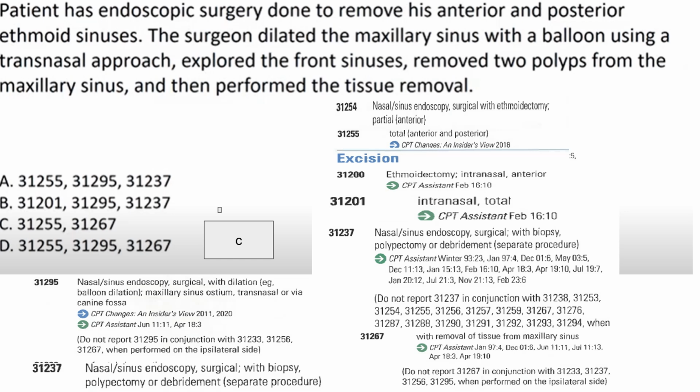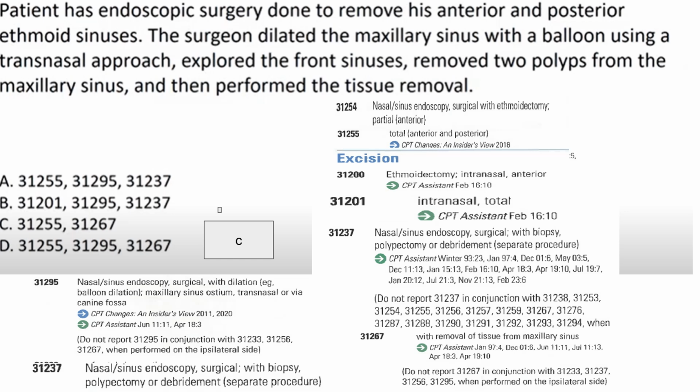So I cannot even think about option B. Now in between C and D, option D is 31255, definitely we are taking. 31295 is endoscopy surgical with balloon dilation, maxillary sinus ostium, transnasal or via canine fossa. So we would definitely require this code. But wait, there is a note below that: do not report 31295 in conjunction with 31233, 256, 267. So even here, this and this can't be together. So even this is the wrong option.